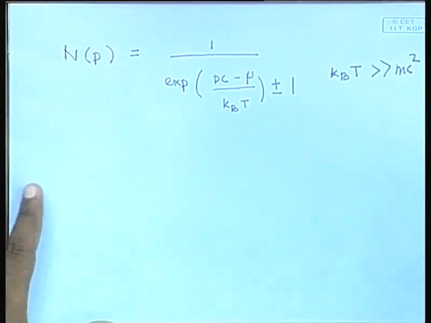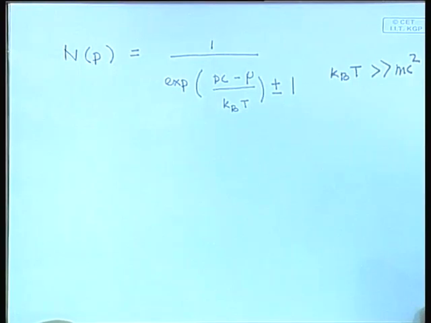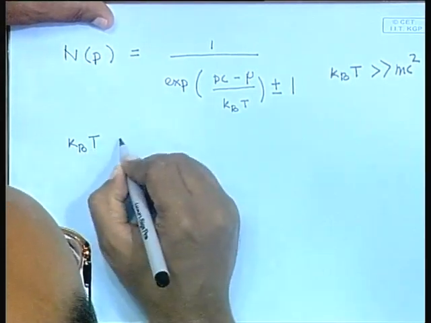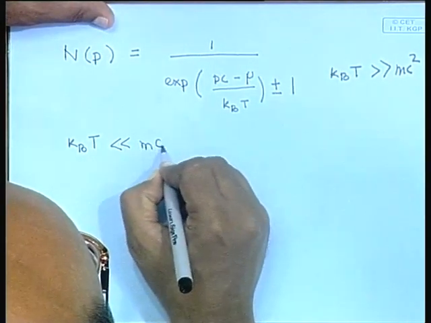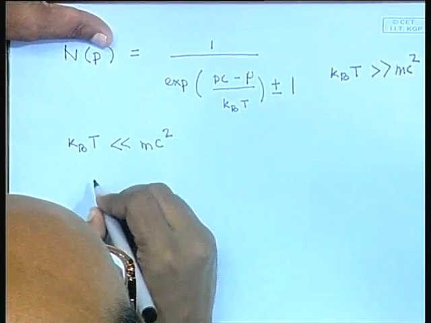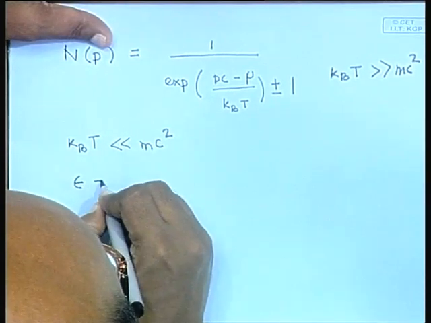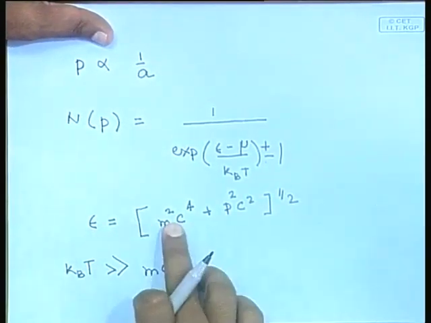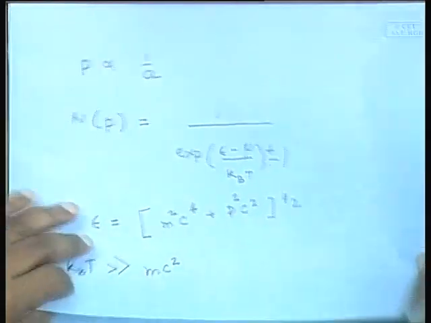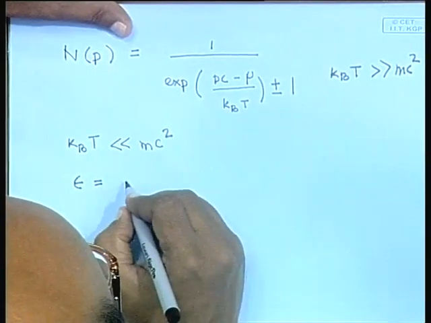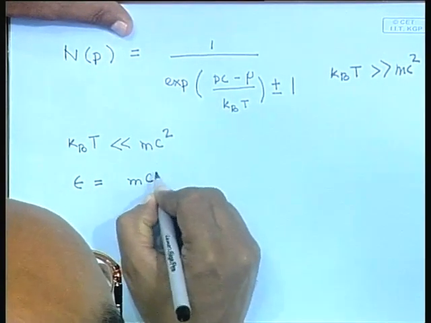The other extreme, which is also of interest, is when the temperature is such that kBT is much smaller than the rest mass of the particles. In this case, for this expression for the energy of the particle, it is convenient to approximate this as m c square.